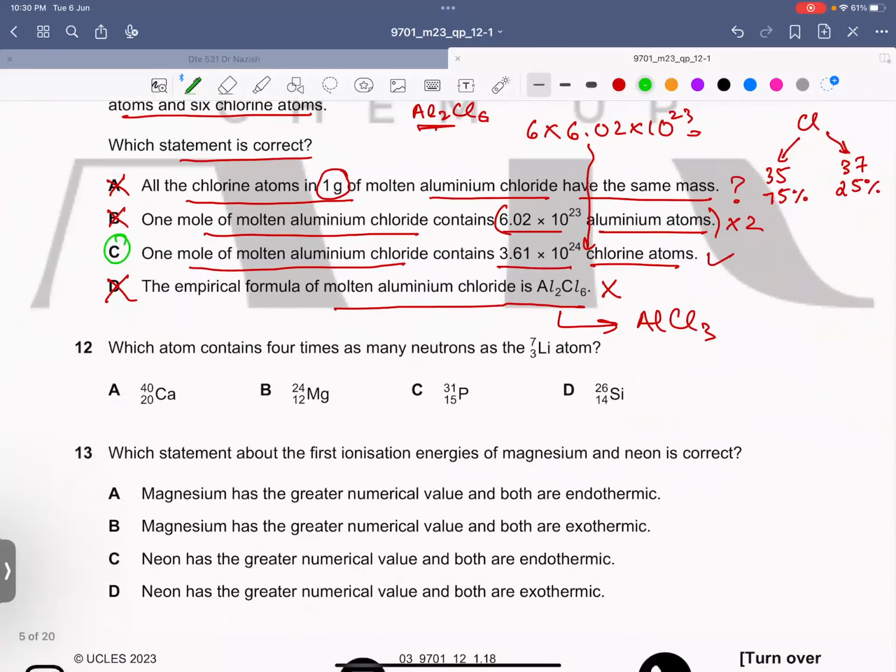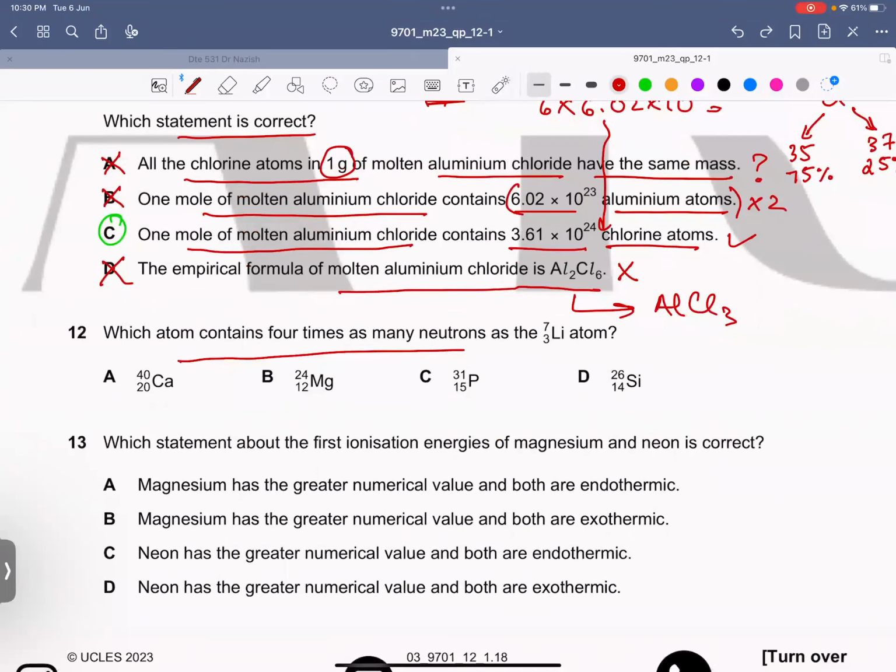Now, question number 12. Which atom contains 4 times as many neutrons as lithium? So if we work out the neutrons of lithium, we will get 4 neutrons.